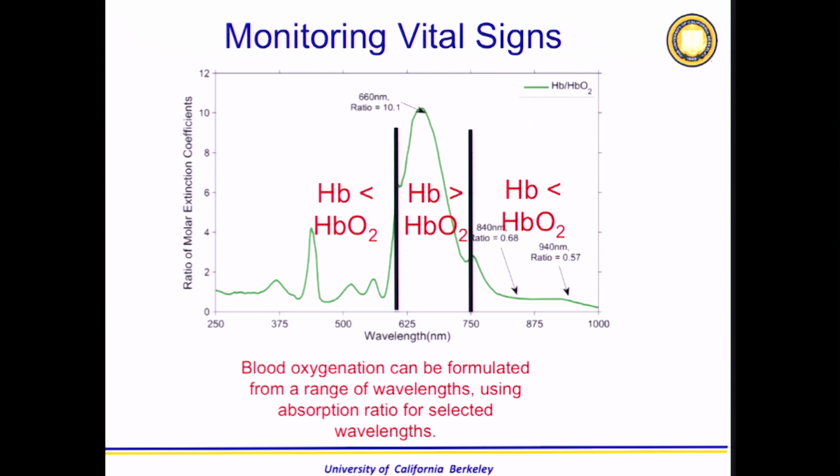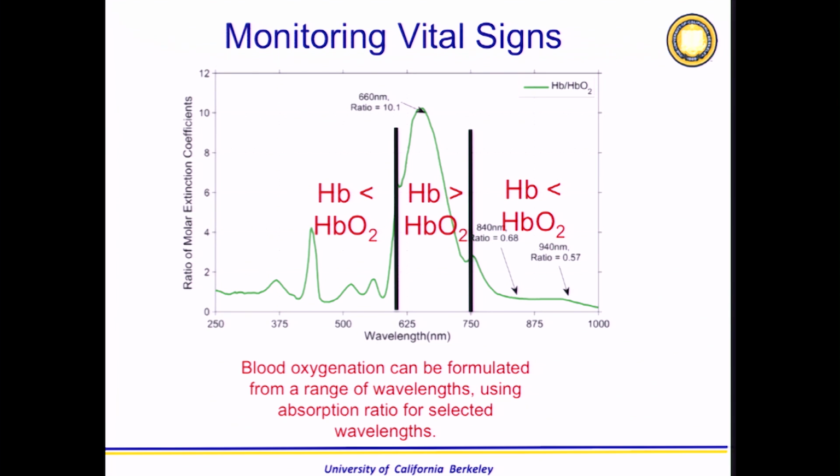What I'm plotting here for you is actually the ratio at different wavelengths. You can see that throughout the spectrum there are several places where the ratio is quite high. Of course, you want to do your measurement at those spots where the ratio between oxygenated and non-oxygenated is very high.